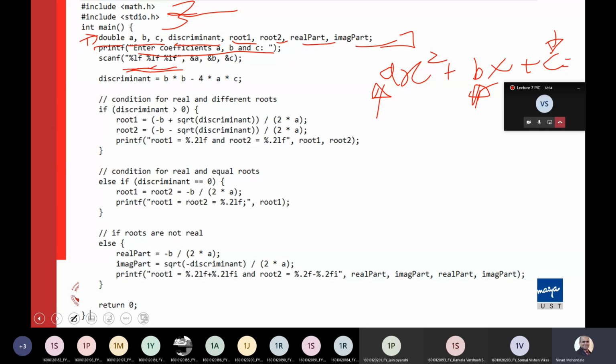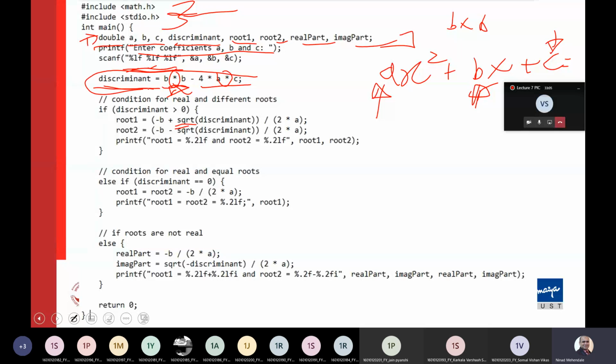Next we will find out the discriminant, that is b square minus 4ac. Here we have used a simple logic that b into b is b square, so that's why we use this multiplication sign. Now the condition for real and different roots. The first case: if discriminant is greater than 0, then root 1 is the first formula. Here you can see the square root, and we don't recalculate the same thing.